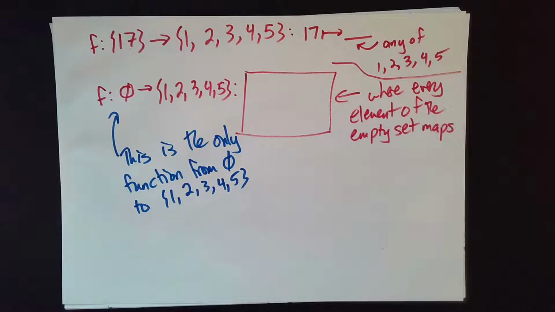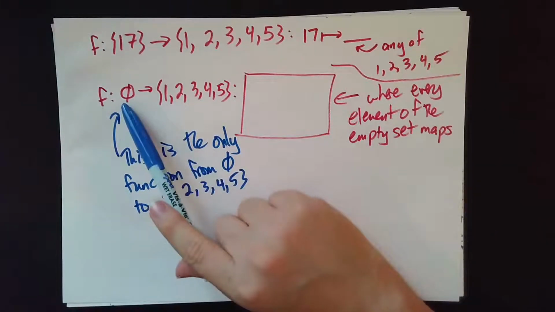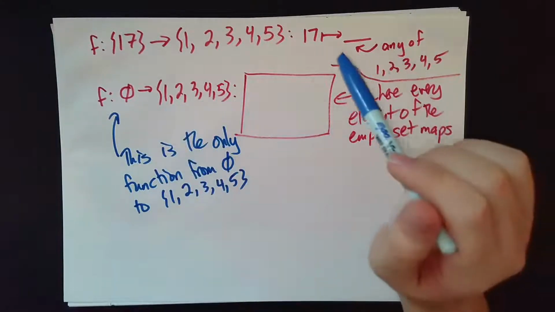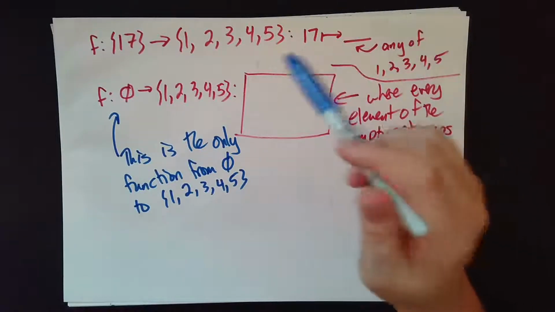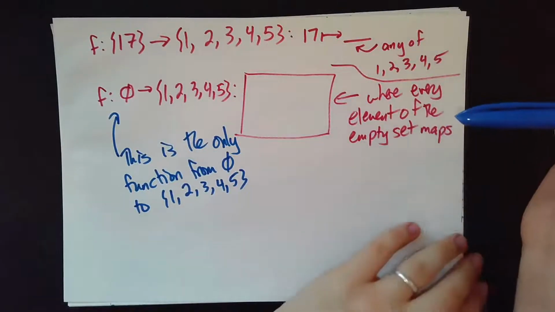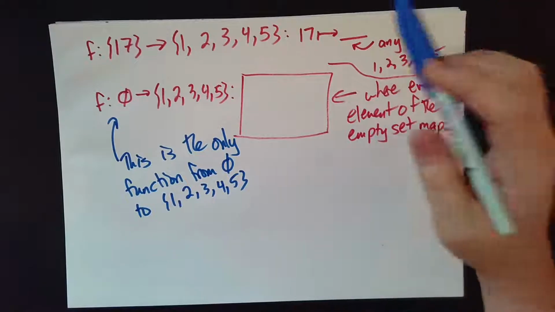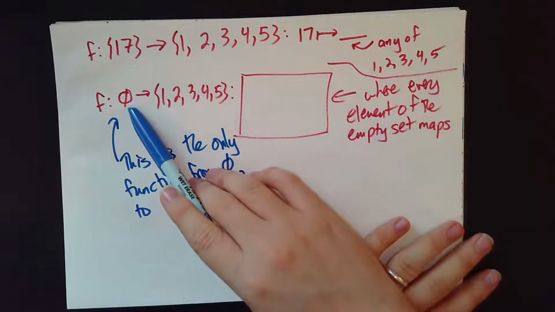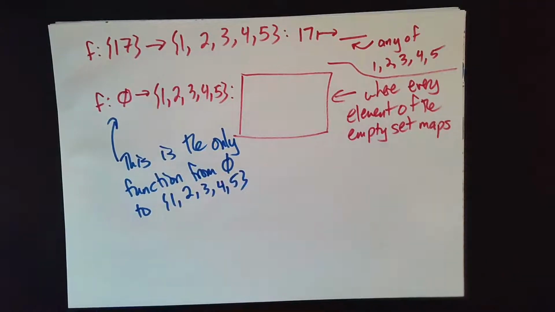This is the only function, but this is in fact a function from the empty set to the set 1, 2, 3, 4, 5. And so you should be careful of this. So there's, in fact, exactly one function from the empty set to any one particular set that you would like.